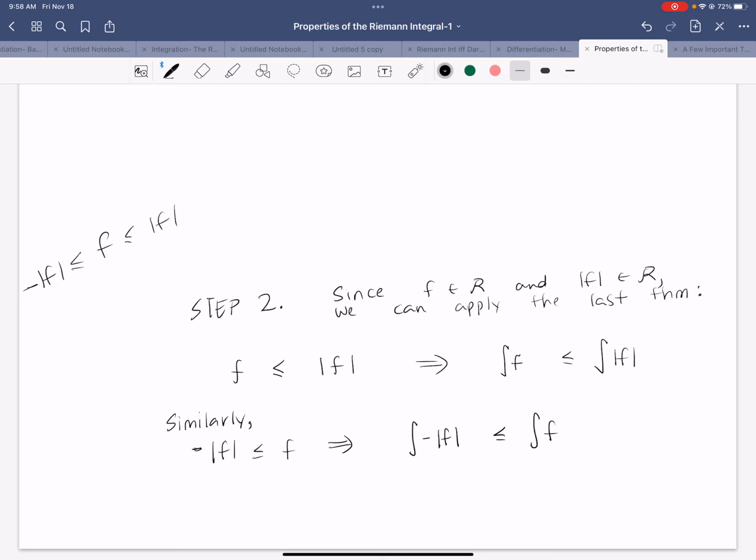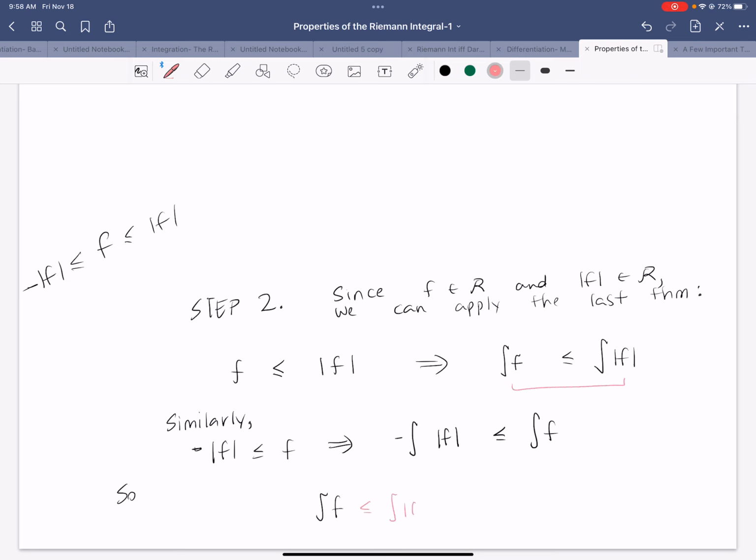But now we can use our theorem that we first proved today and say, well, the integral of minus f is the same as minus the integral of the absolute value of f, right? So we'll have that the integral of f on the one hand is less than or equal to the integral of the absolute value of f.